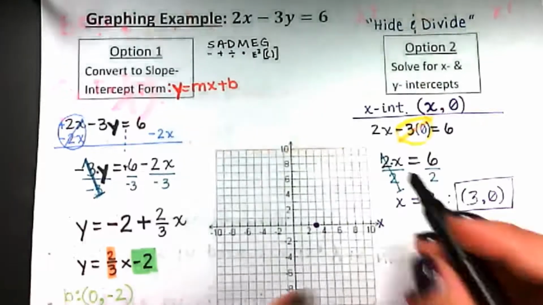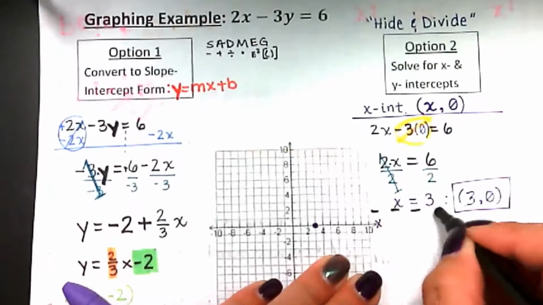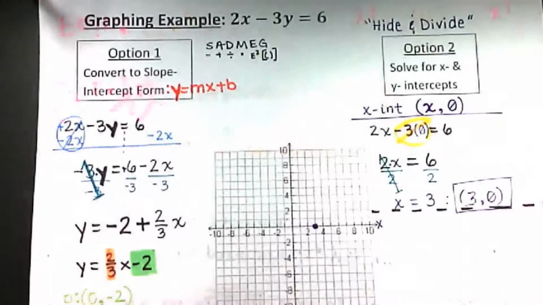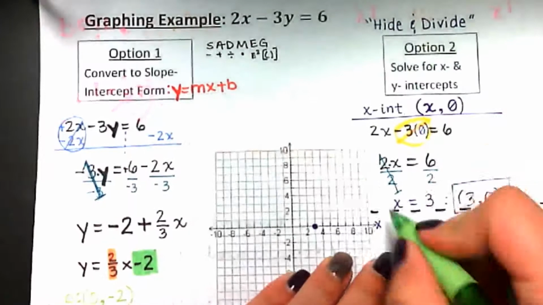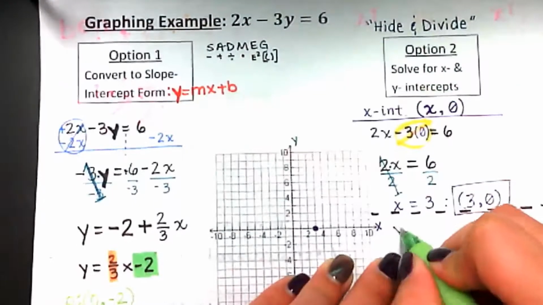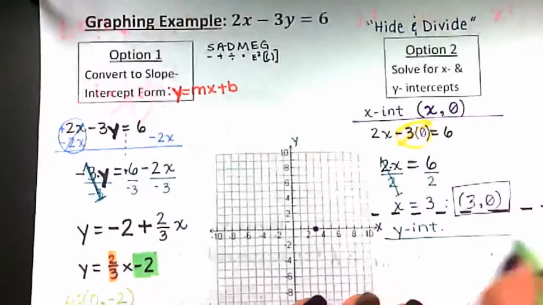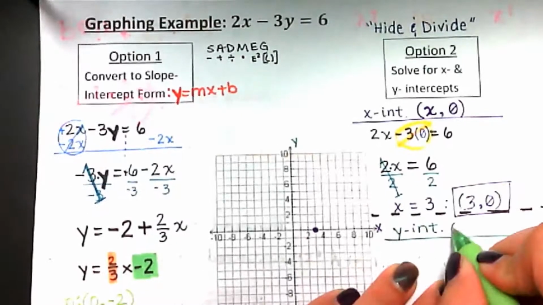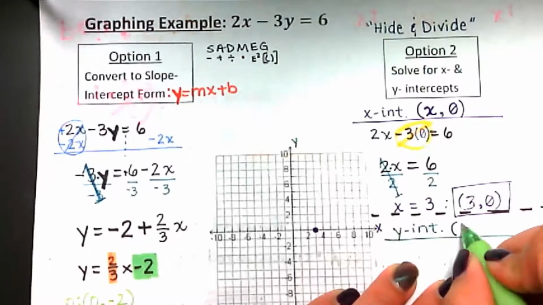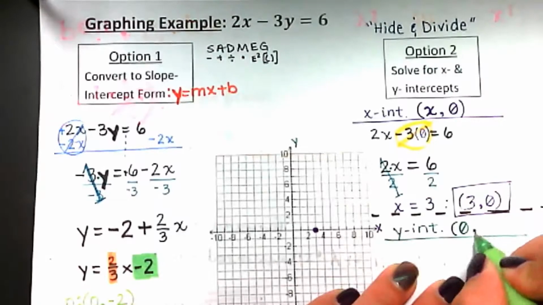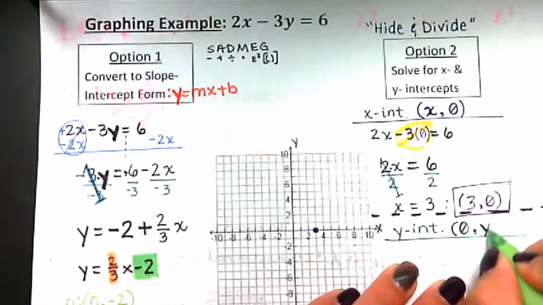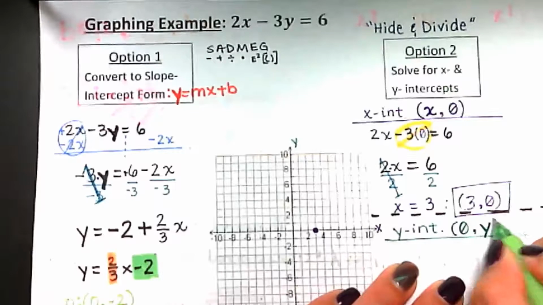If I were to do the same thing, and now this time we're going to find my y-intercept. Remember, a y-intercept would look like, that's the y-axis, y-intercept would be parentheses, the opposite, 0, comma, and the y value.